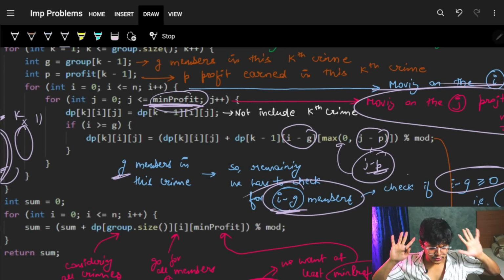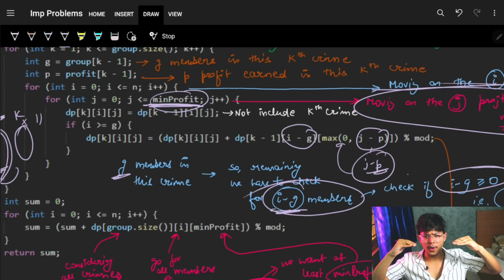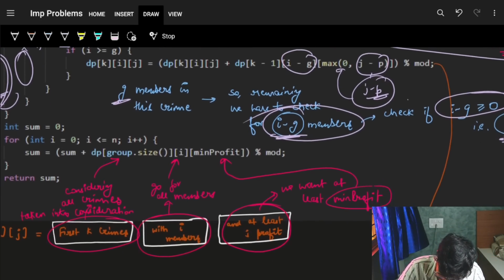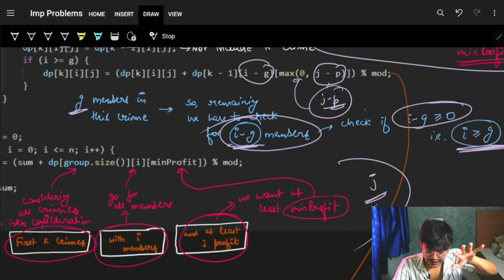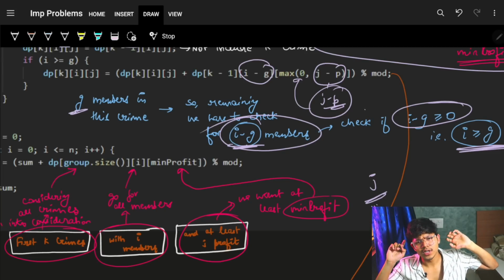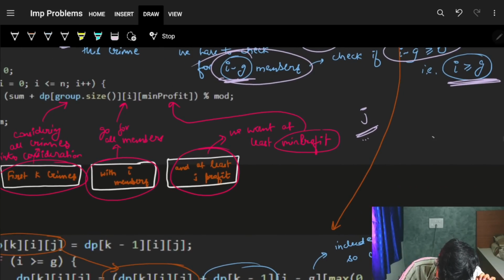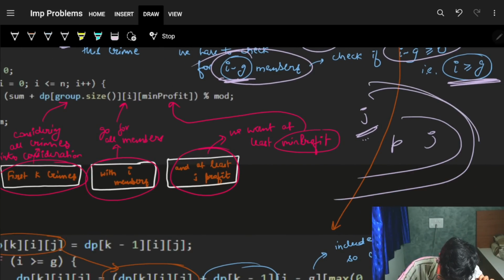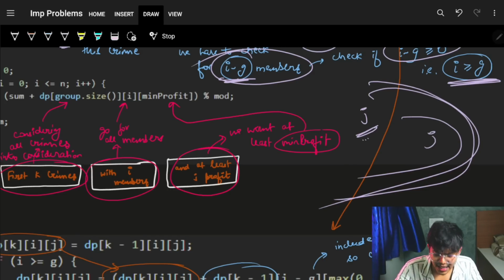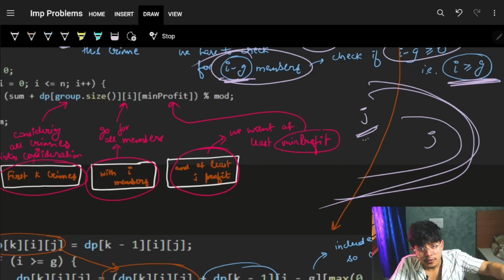As soon as I reach my required profit, the bound profit, J should be the profit which I am concerned of. Let's say J is the profit which I am concerned of. If my P is the profit which I am earning right now and it is more than that, good. I don't have to worry about the remaining part.